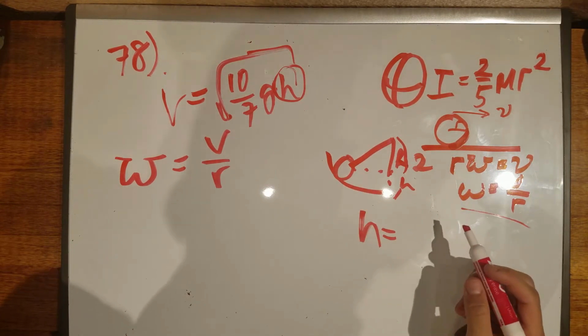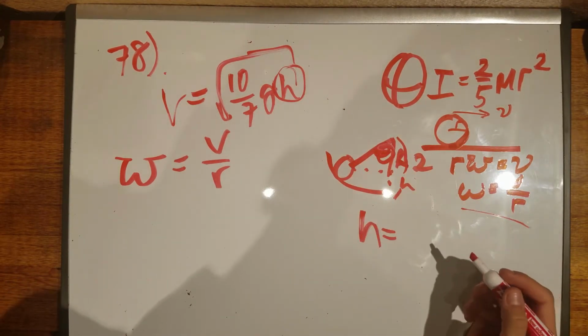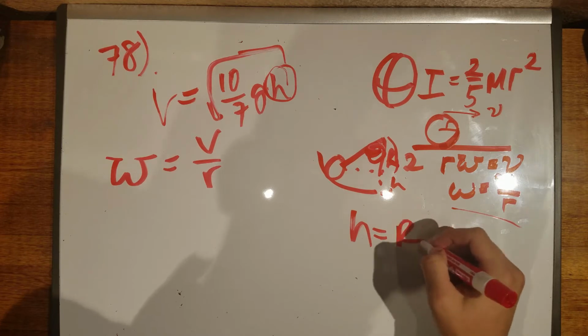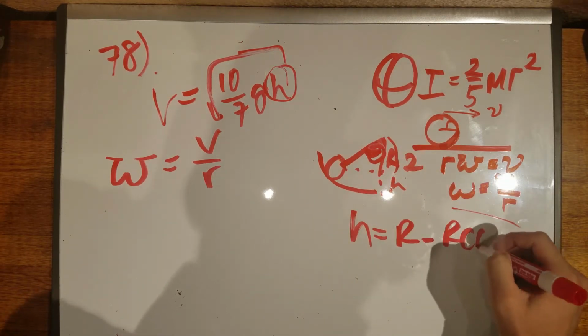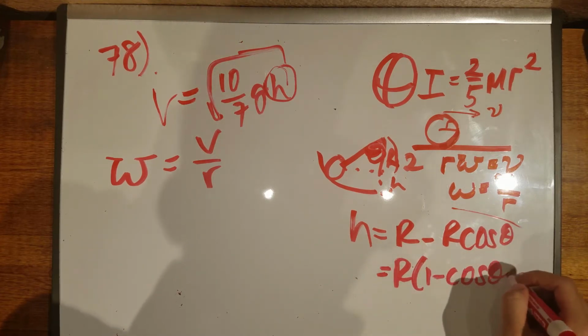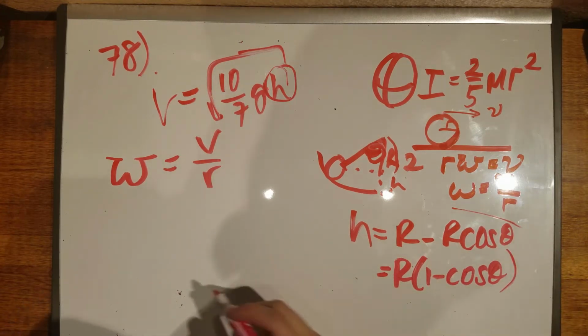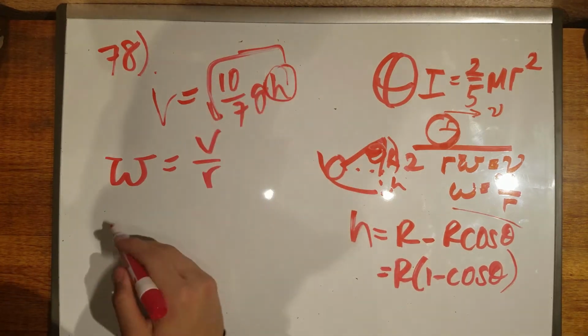Big R is the radius of the big bowl, and theta is the angle at which the sphere starts. So h is then R minus R cosine theta, and simplifying a little, R times (1 minus cosine theta). There you go, and you just plug everything in, plug and chug.